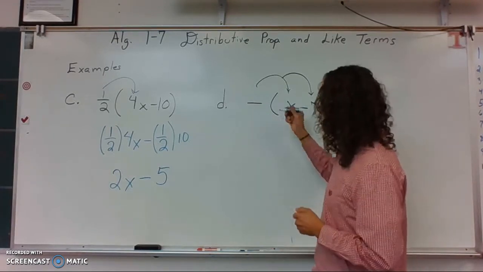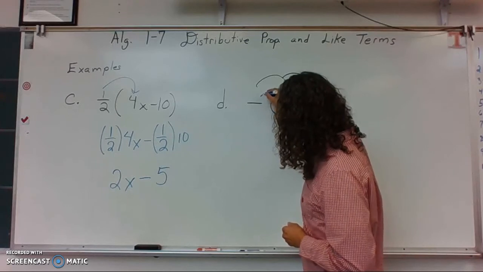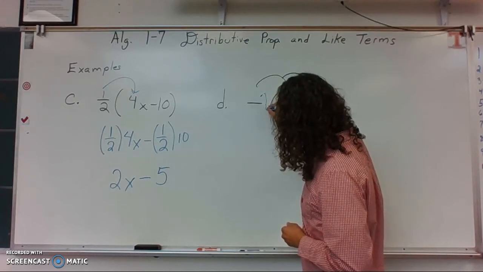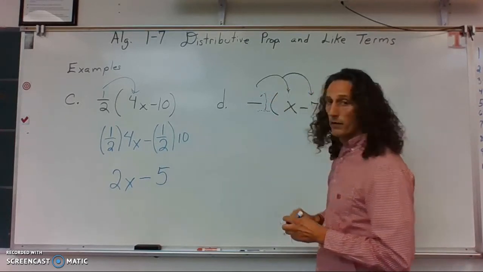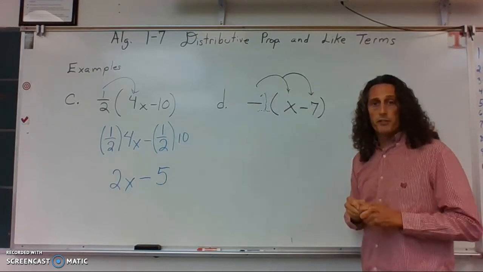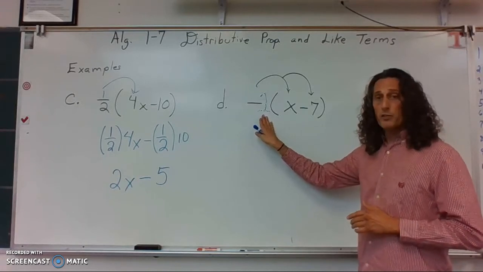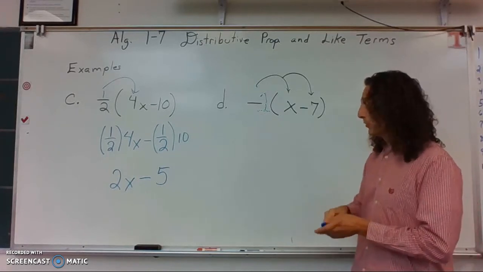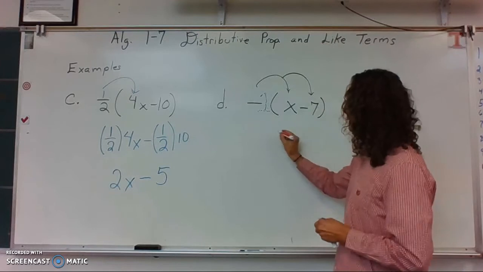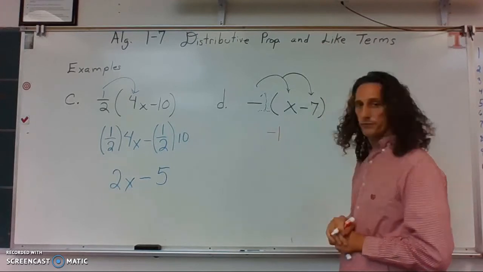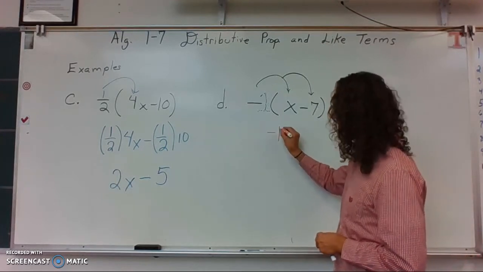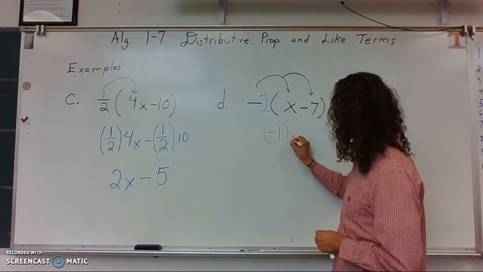And that number is a 1. And it still might be hard to see, and I want it to be somewhat hard to see because it is an invisible 1. So this is actually a -1. I'll make it more visible right now. So there's a -1, and we're going to be multiplying it by the x.